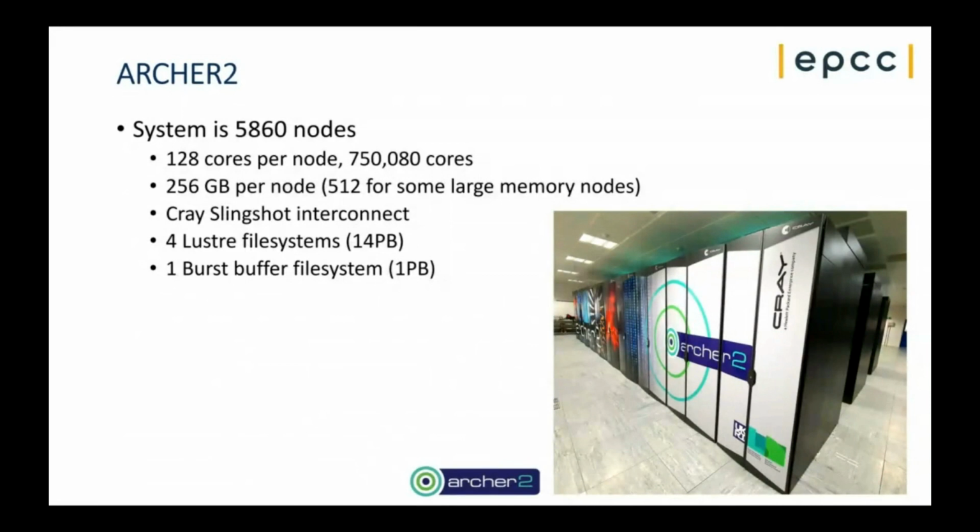So we have a bunch of file systems as well, mainly 4 Lustre file systems. It doesn't matter that there's 4 of them, but we have a number of Lustre file systems. Each project gets put on one of those, and that's where we store data that's generally used during applications running. So that's our work file system. There is also a burst buffer file system associated with it for speeding up some I/O for various applications as well.